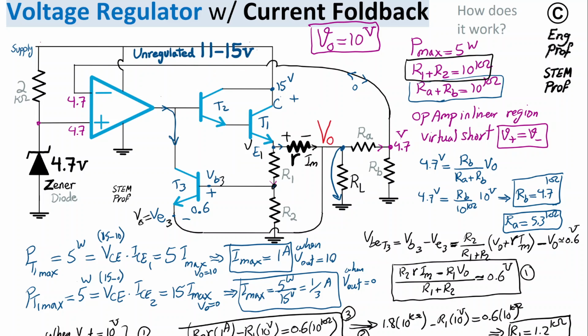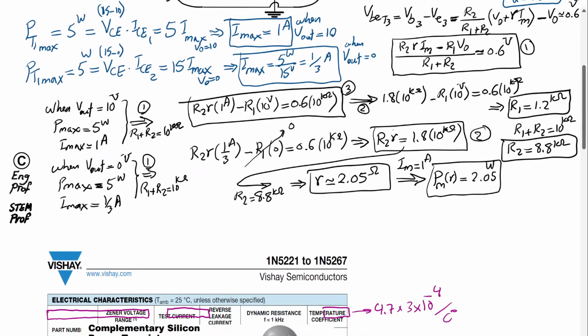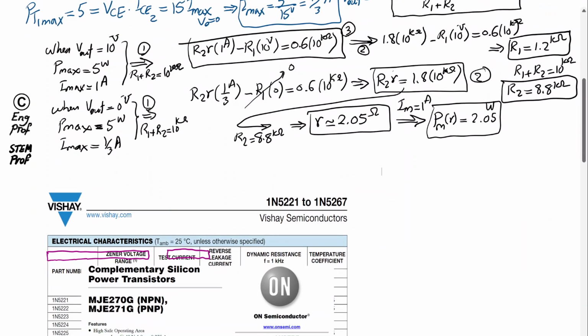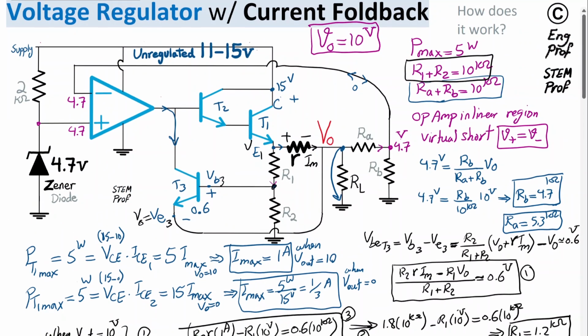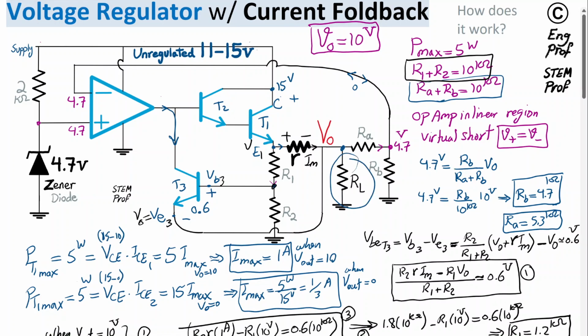Just one last thing for the foldback feature, if the plotting of the voltage is desired. The way the circuit is operating is this way: if we plot Vout of the circuit as a function of the current drawn, let's say we set RL to reasonable values. The circuit provides Vout of 10 volt with a reasonable current.